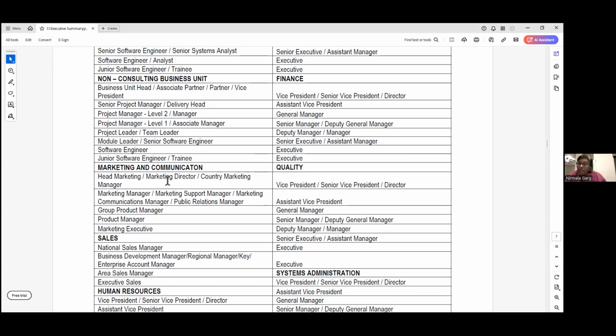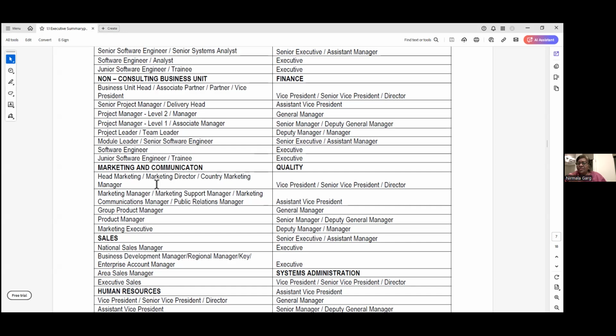Now, what is important for you to see before even you go and check the data? You have to check the job description of this one. Does it match? Because you have not done a customized survey. You are looking at a published survey data. So you need to check whether this job description matches with your job description. If it matches 80%, that is the thumb rule.